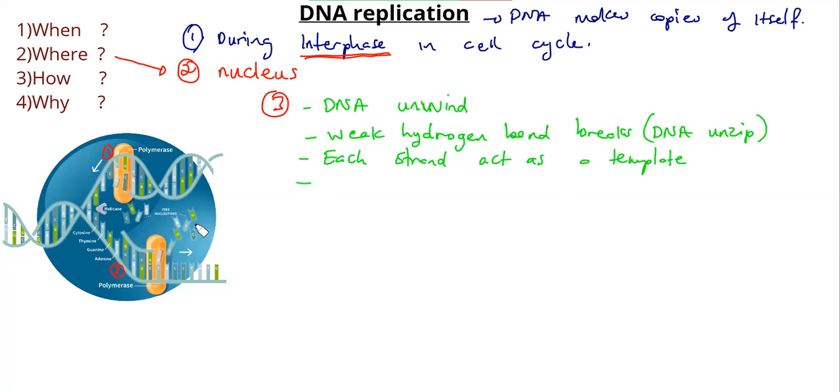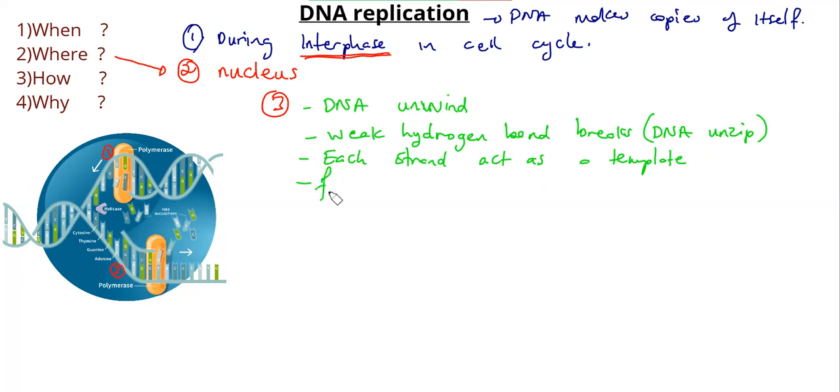Now, we have free nucleotides here that are in the nucleoplasm. These free nucleotides attach to their complementary bases on the original strand, through what we call specific base pairing.